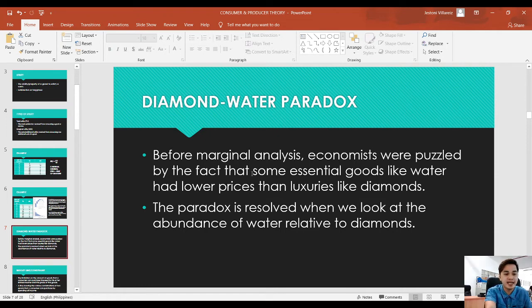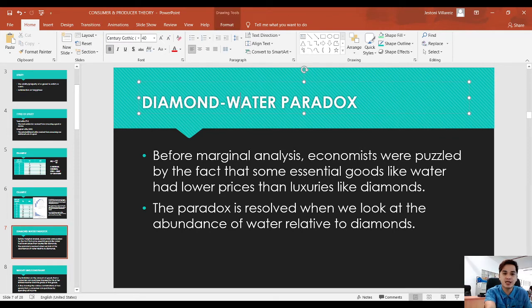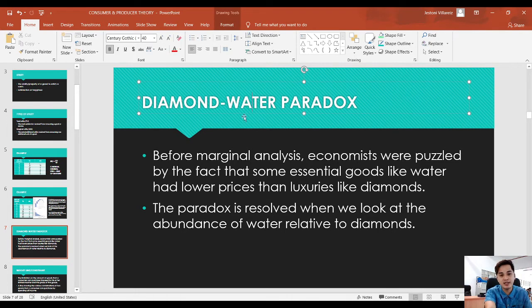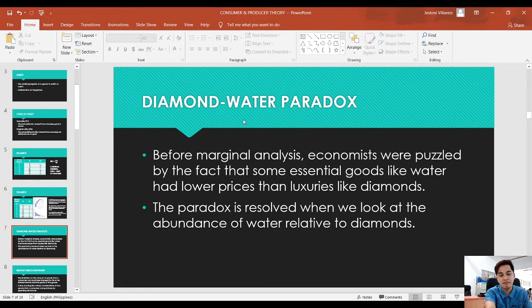Before the analysis of marginal utility, the classical economists said that the reason for that is demand and supply, since we have a lot of supply of water compared to diamond. Diamond is rarely found, so it is expensive and more valued compared to water. Water is needed in our life, but there are many sources of water. That is the diamond-water paradox in classical thought.